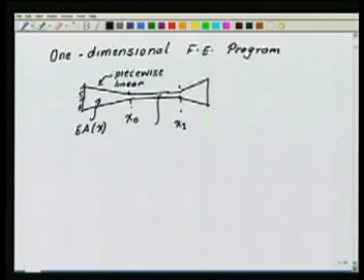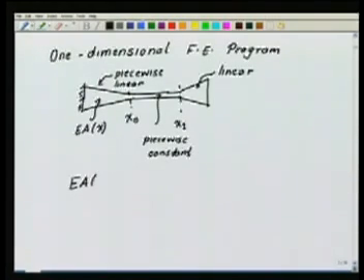Here EA is constant. Here also it is linear. So, as far as our EA is concerned, we will say that this is at most piecewise linear.